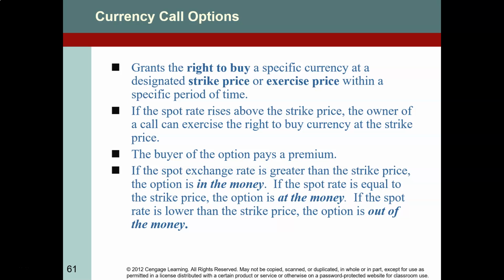If the spot rate is above the strike price, you would exercise it because you could buy the currency at the strike price and then sell it at the higher spot rate to make a profit. Okay, and you're in the money this way. Otherwise, at the margin, you will be at the money. And if you cannot make the profits, you are out of the money, you probably wouldn't exercise the call. So your loss is just the premium.